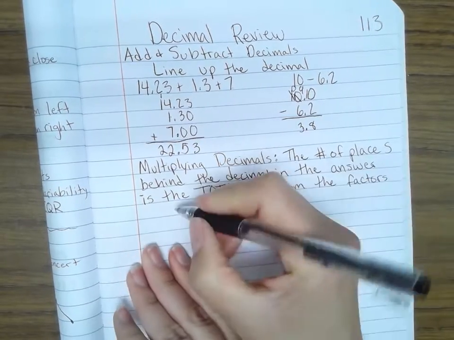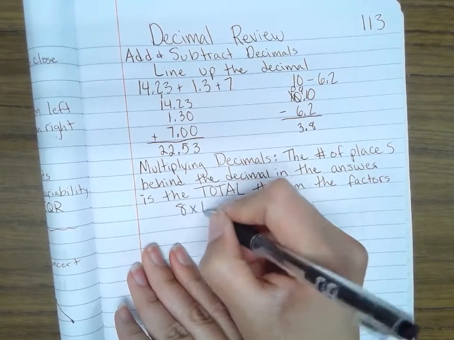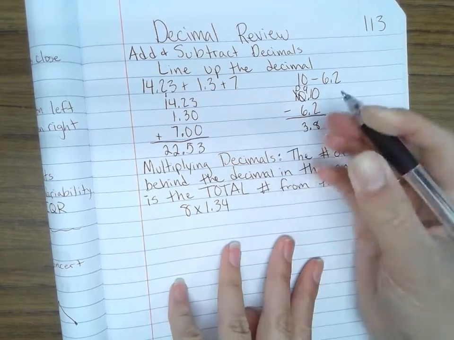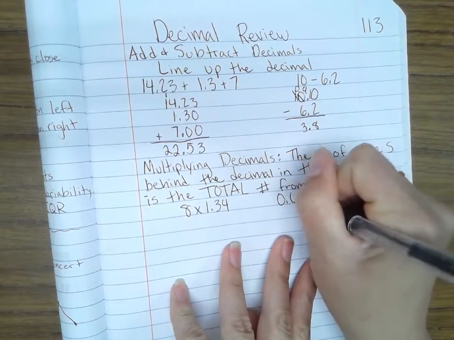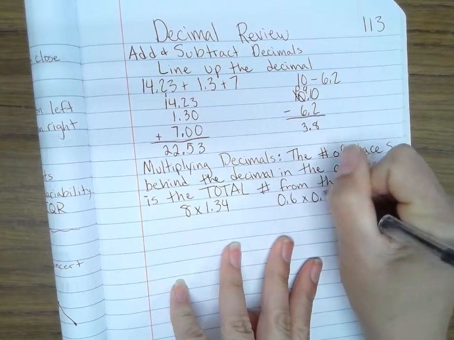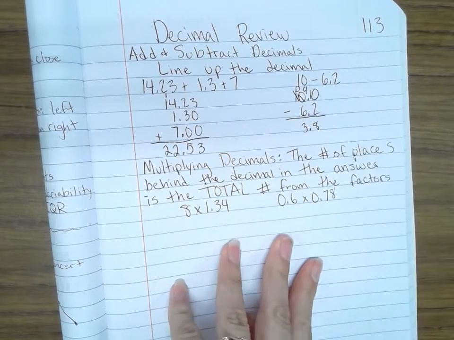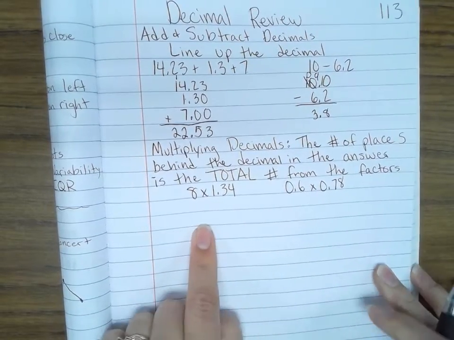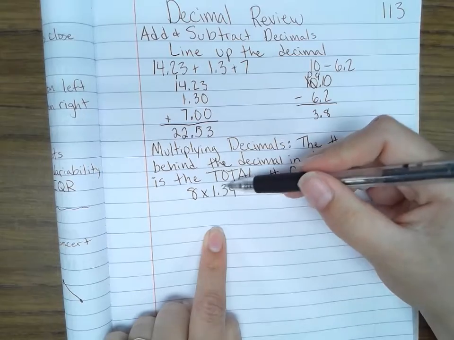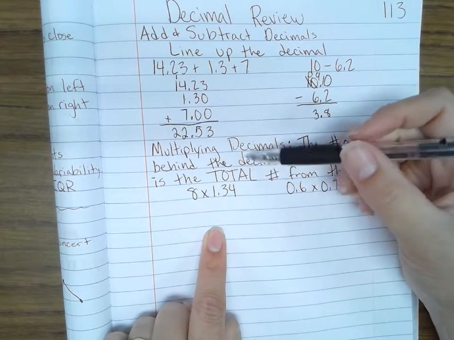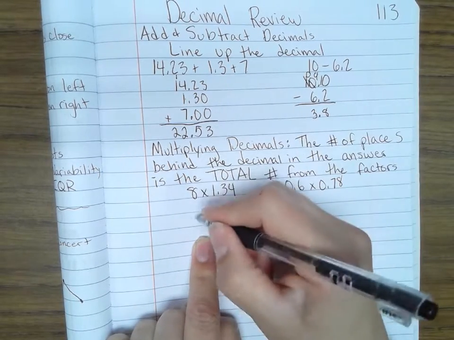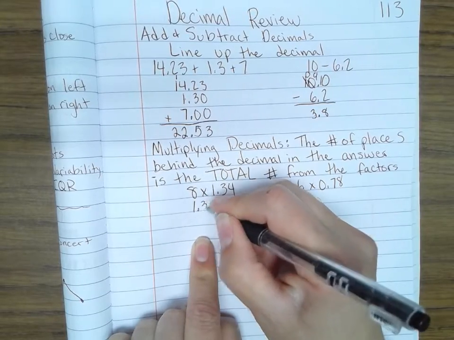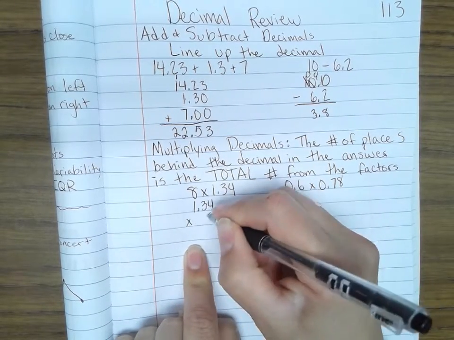Let's do two examples. Let's say we have 8 times 1.34, and let's have 0.6 times 0.78. Alright, easiest way to do it is put the one that has the bigger amount of digits on top. So I'm going to do 1.34 times 8.